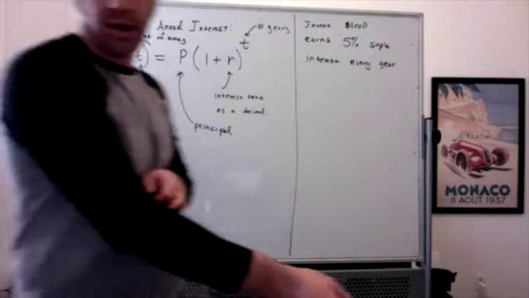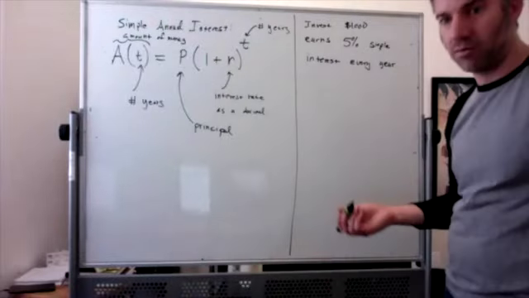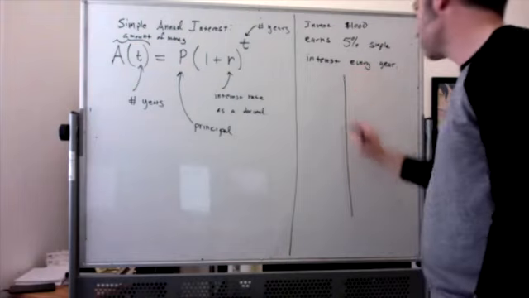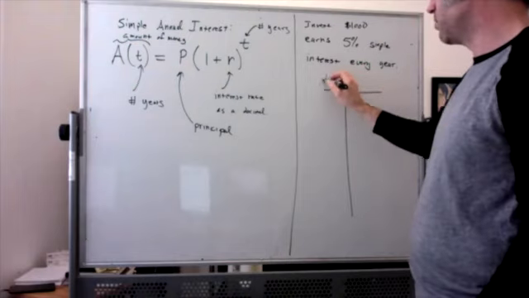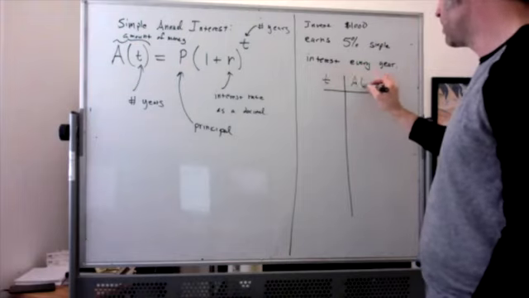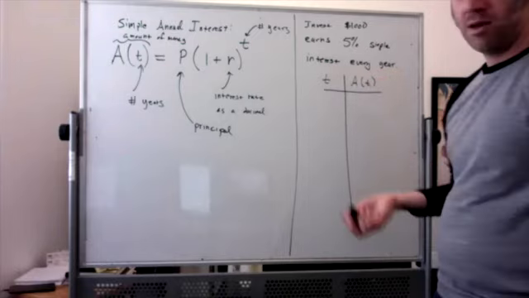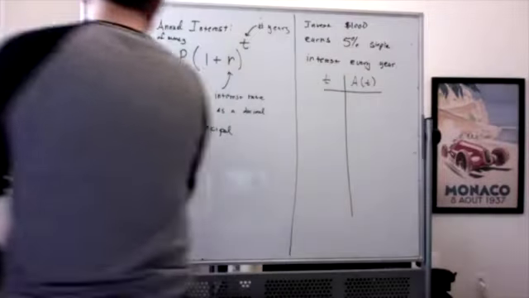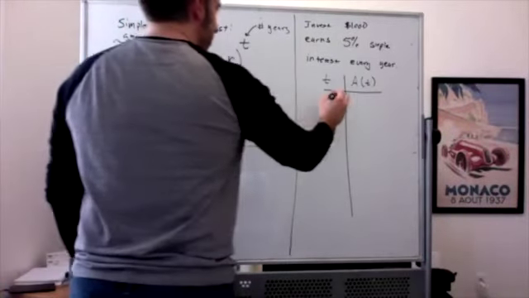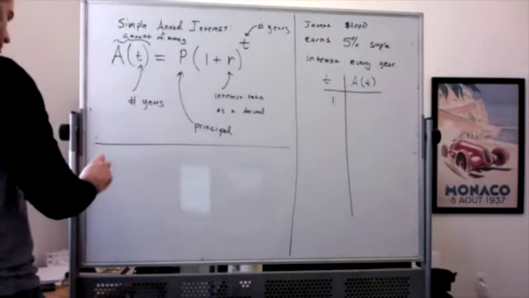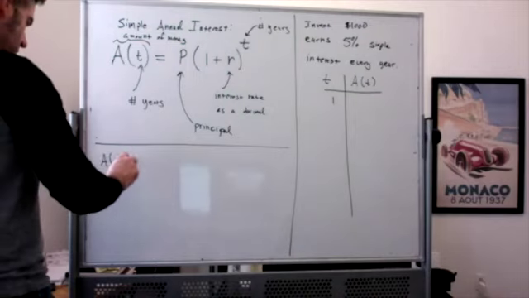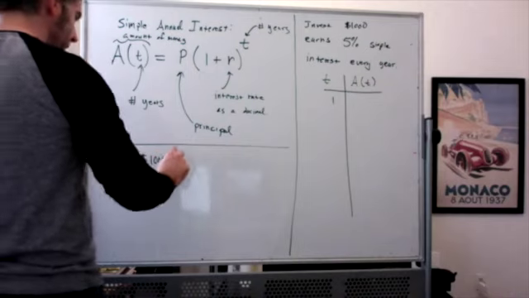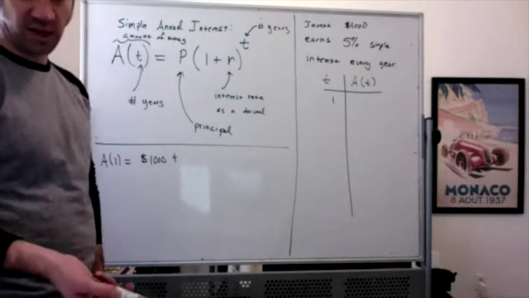So how much money are we going to have after some number of years? Well, let's take a look. T is the number of years. A of T is the amount of money. So after 1 year, I'm going to have the initial $1,000 I had plus the 5% interest I earned.